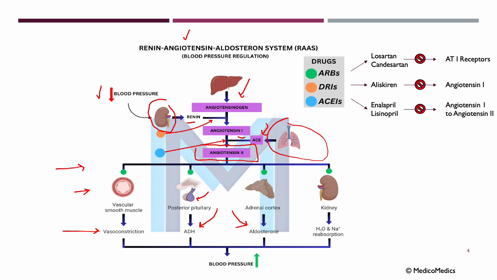And aldosterone here, which makes up the third part of our RAAS system, is a mineralocorticoid that acts on the principal cells of the collecting duct in our nephron. It will lead to increased sodium reabsorption.